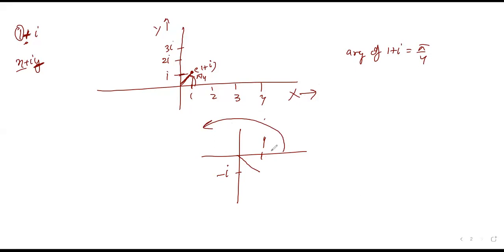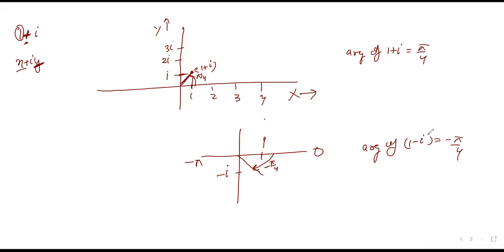But if the number is in the third or fourth quadrant, you have to go negatively. So 0 to minus pi will be counted, and this will count 0 to pi. So this angle is minus pi by 4. So the argument of 1 minus iota is minus pi by 4.